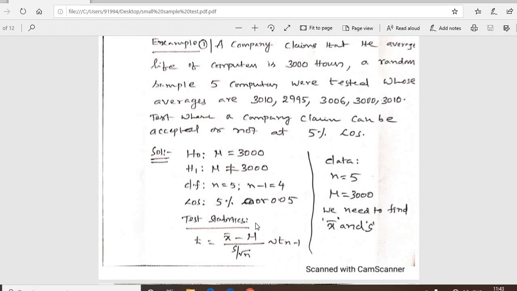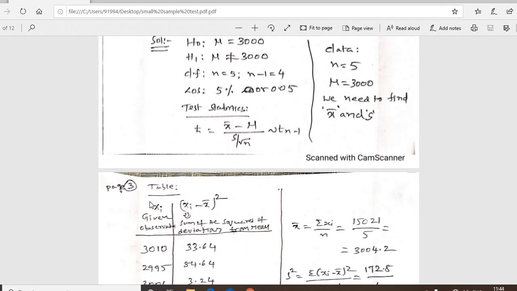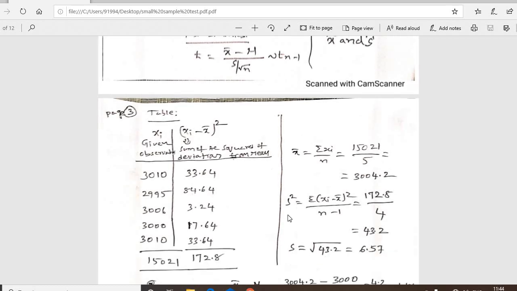The test statistic formula we know: T equal to x bar minus mu by s by root n, which follows a t distribution with n minus 1 degrees of freedom. So this is our LHS value we want to calculate. For this we require a table with one column of xi values, the given observations, and a second column of xi minus x bar whole square, because we require the s square value.